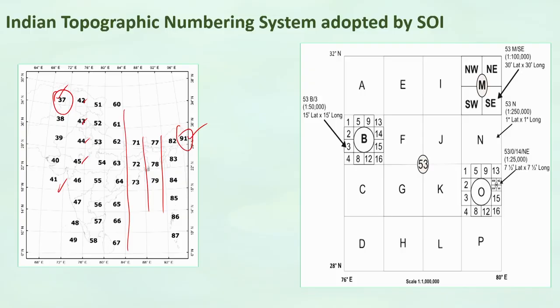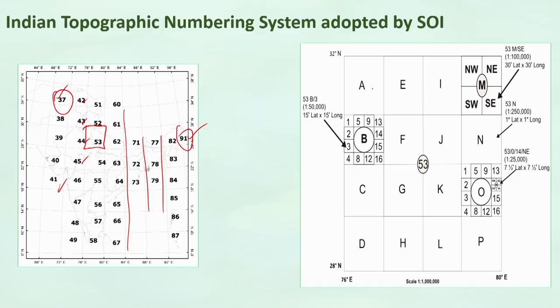They are numbered. Then each number is again subdivided into 16 parts. For example, take this 53, this is the grid of 53. This 53 grid will be subdivided into 16 parts.